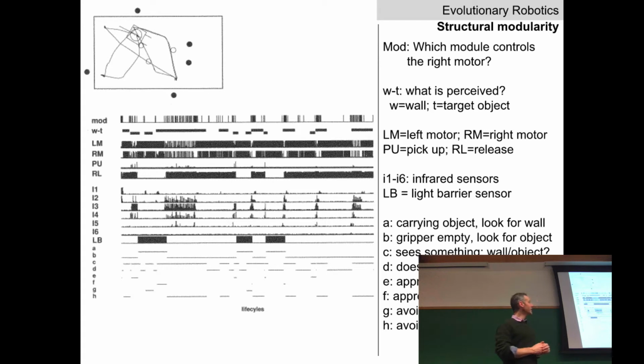Left motor, right motor. Well, you can see that there is a bit of a correspondence between mod and RM, the right motor, which would make sense because the right motor is getting commands from the left neural module, and then the right one, and it's obviously switching what the right motor does.